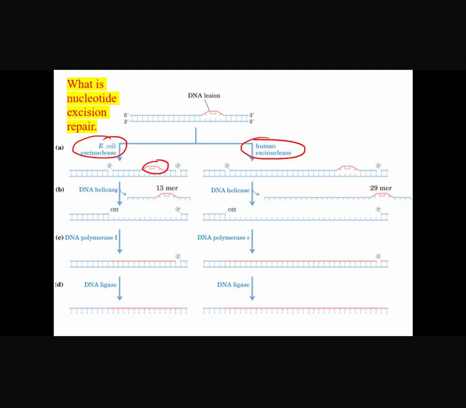It cuts out a section of DNA, larger in humans, of course, where the defect is found, brings in the polymerases, and replaces that section of the DNA with brand new DNA to hopefully repair the damage that was done. If you have a defect like xeroderma pigmentosum, you cannot do this.